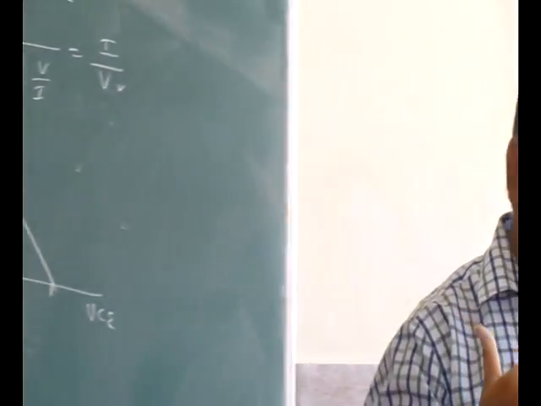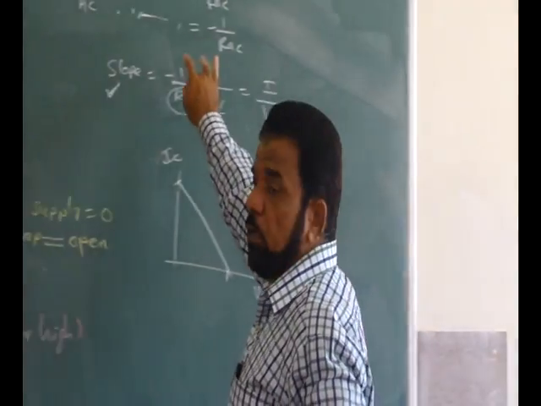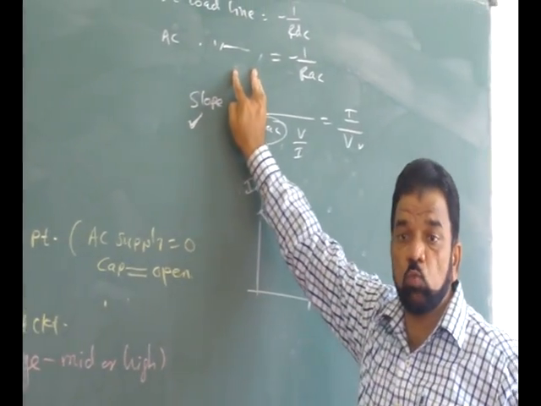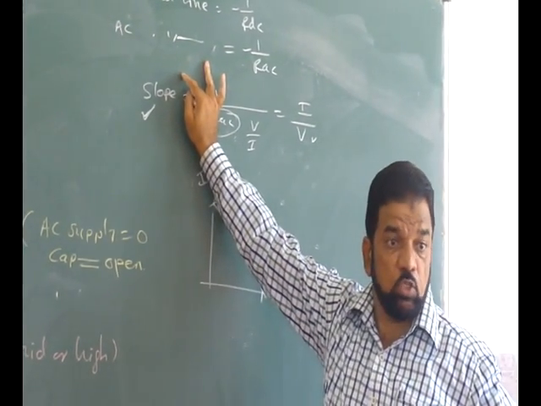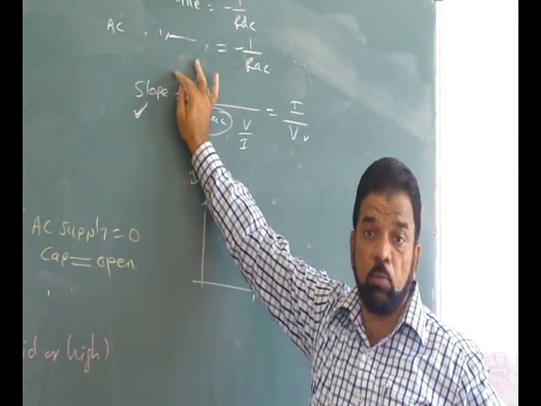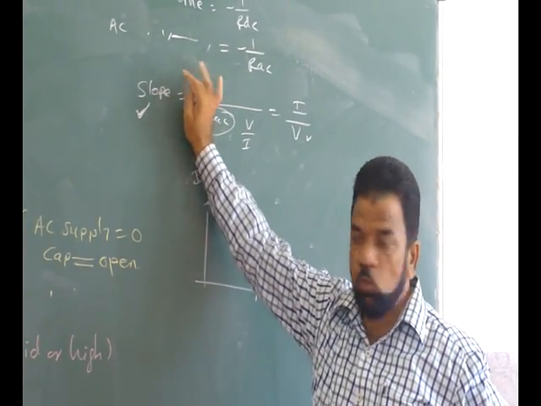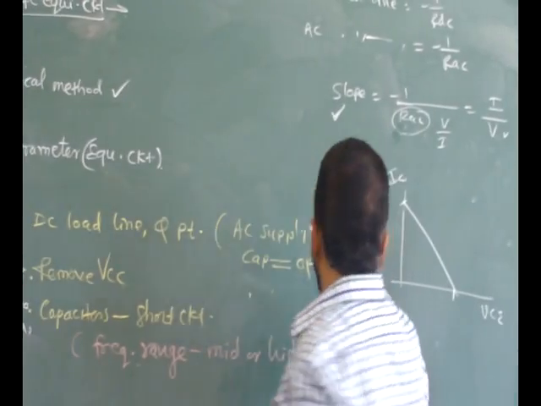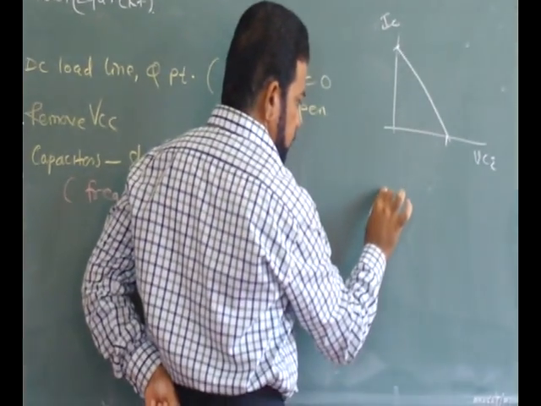Is it the AC load line? We have to think. The condition for the AC load line is that the slope is minus 1 by RAC, but this is not the complete requirement. Because, pay attention now, AC stands for a signal like this one.